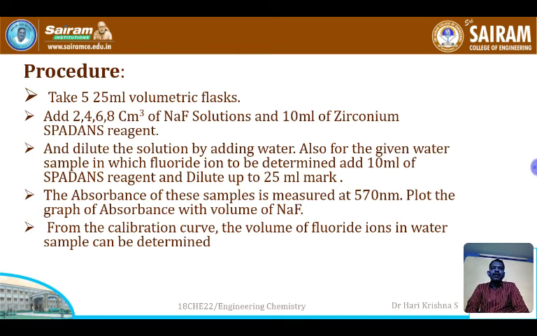For the flask named 2, we are going to add 2 ml of sodium fluoride. For the flask named 4, we are going to add 4 ml of sodium fluoride. Name 6, we are going to add 6 ml of sodium fluoride.